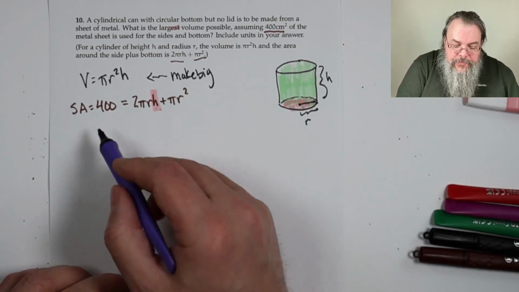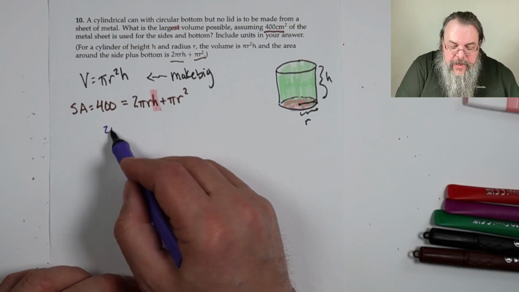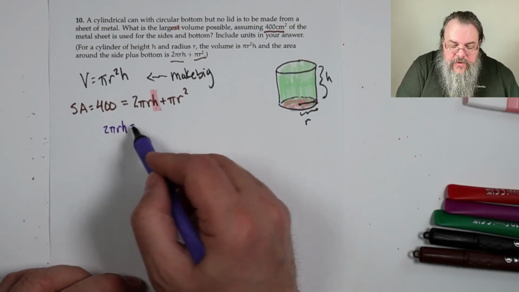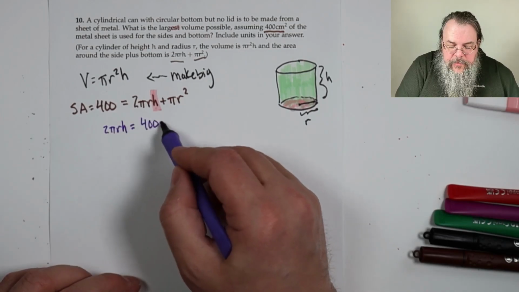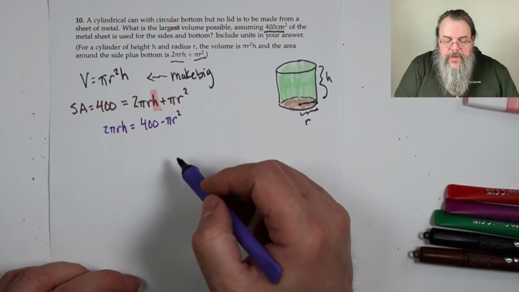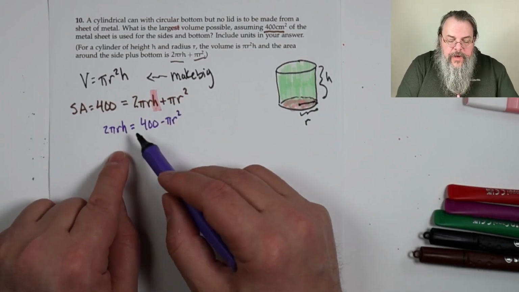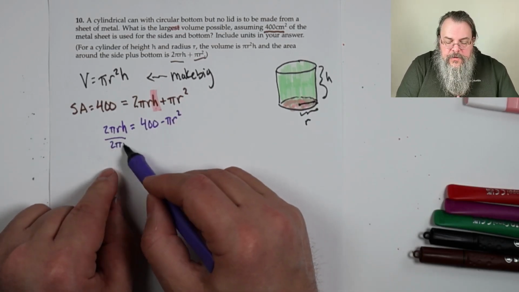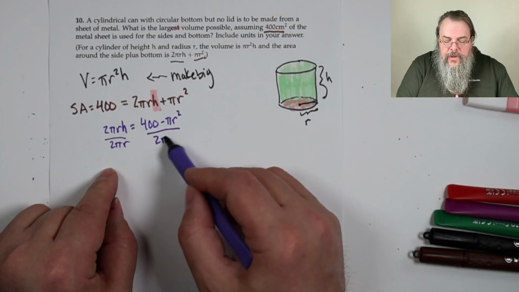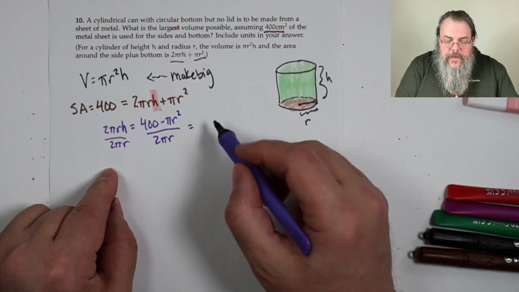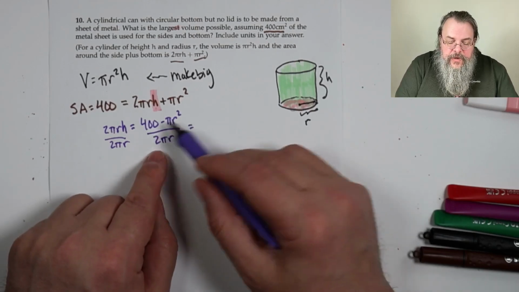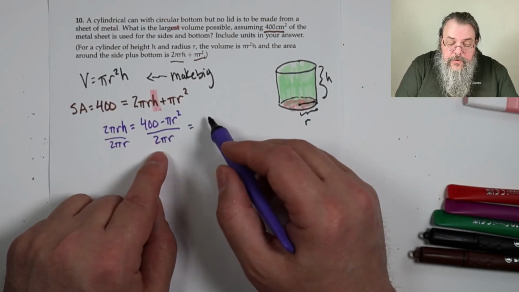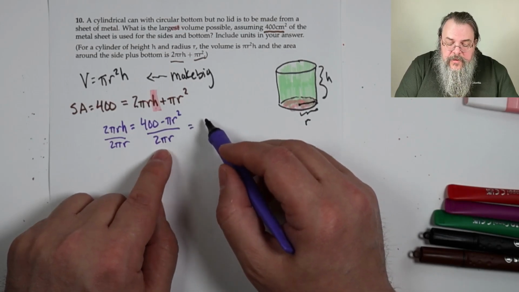So we say, okay, we'll say that 2 pi rh is equal to 400 minus pi r squared, and now divide by 2 pi r. And if we do that, what we'll end up with, well, we can do this in 2 pieces if we want to. Well, maybe let's not do that quite yet.